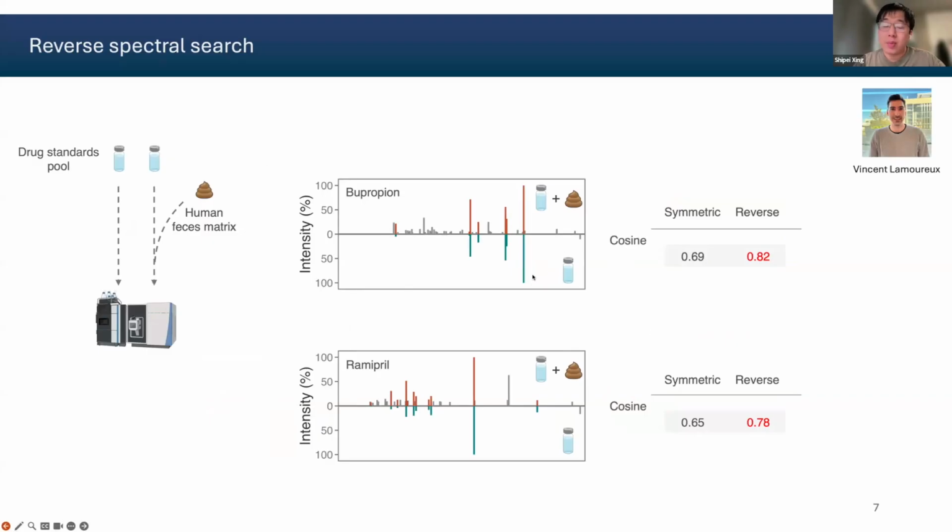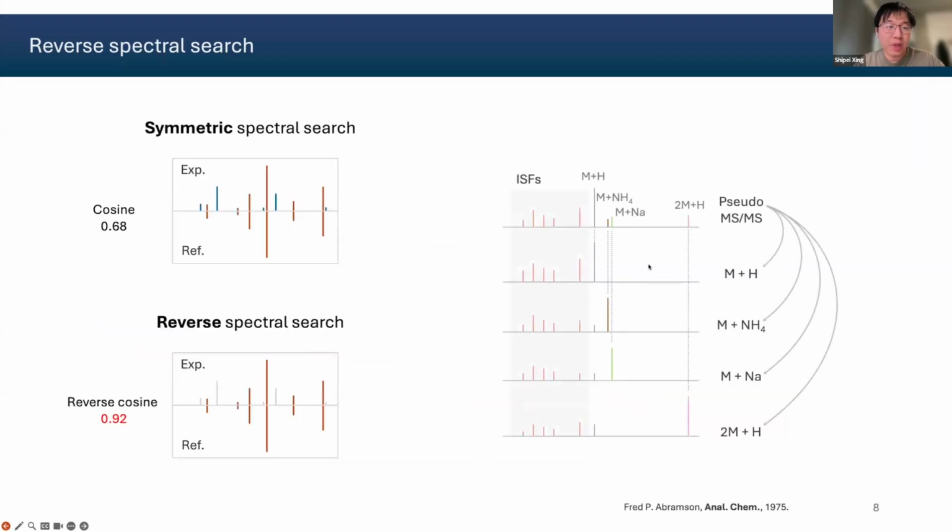In the chemical standards, the spectra are pretty pure, and even in plasma, where the chimeric spectra are pretty heavy, using the reverse spectral search you get better cosine matches than the usual spectral search. So I think reverse cosine, or reverse spectral search, could be a very good strategy to annotate pseudo-MS2 spectra, and we could also leverage reference spectra of different ion forms.